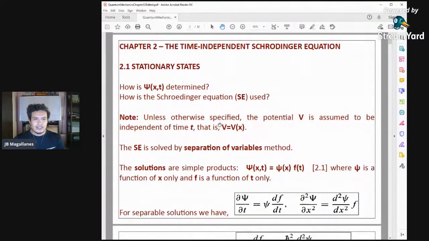In this chapter, we will show through some examples how to derive wave functions. But first, we will use the Schrodinger equation to determine the wave function by separation of variables.